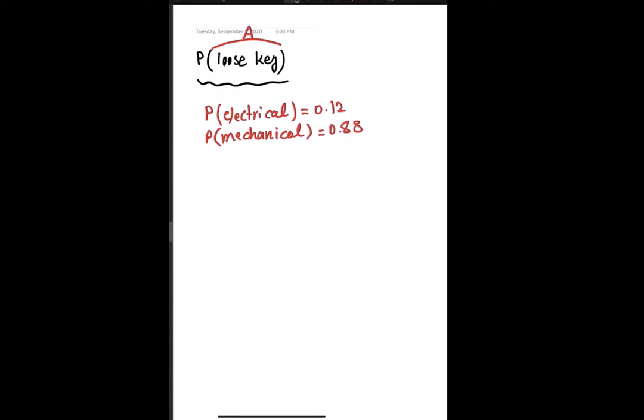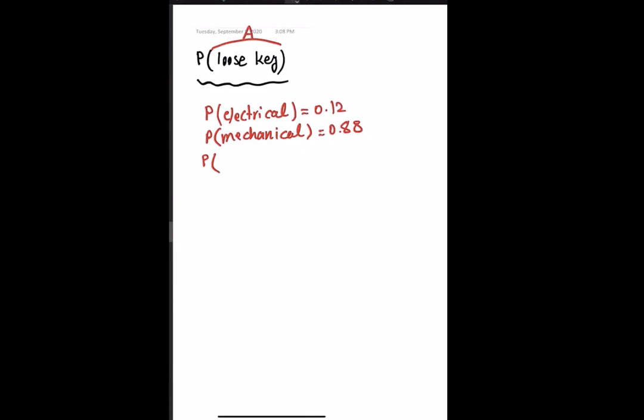Then the second sentence says mechanical defects are related to loose key 27% of the time, and improper assembly 73% of the time. How do we write that part? Would you put loose given mechanical? Okay, because when you read that statement, the part in that sentence that is for sure given to you is that we know for sure it's mechanical defects, and 27% of the time they are related to loose keys.